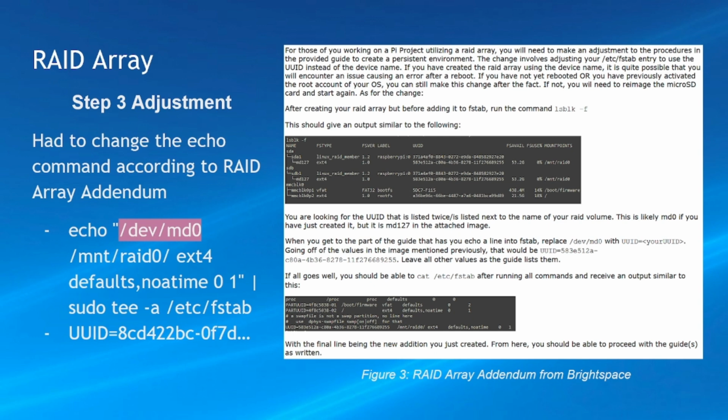Next, in this step, I also had to adjust according to the RAID array append from write space, which is shown on the right. So I had to change the /dev/md0 when I was echoing to my UUID, which is partially shown on the slides.